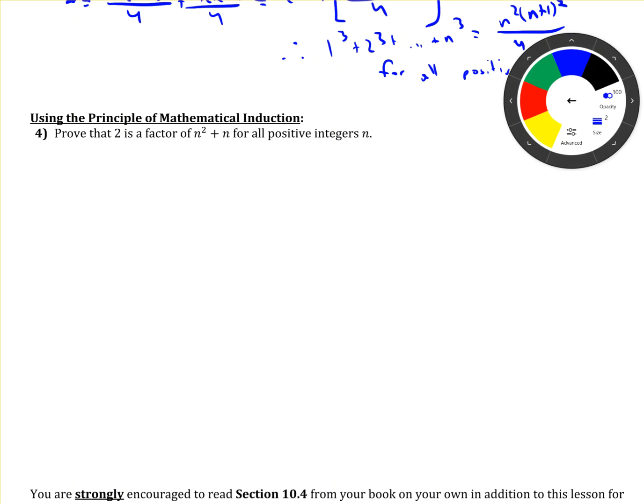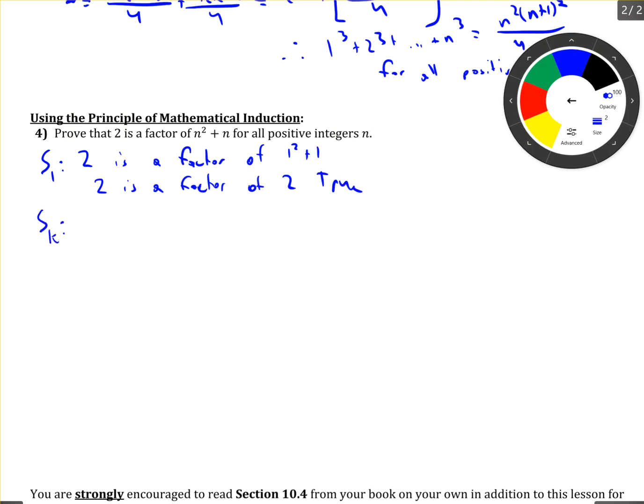So first off, S1 says that 2 is a factor of, and then n equals 1, so 1 squared plus 1. Well, 2 is a factor of 2. So that's true.